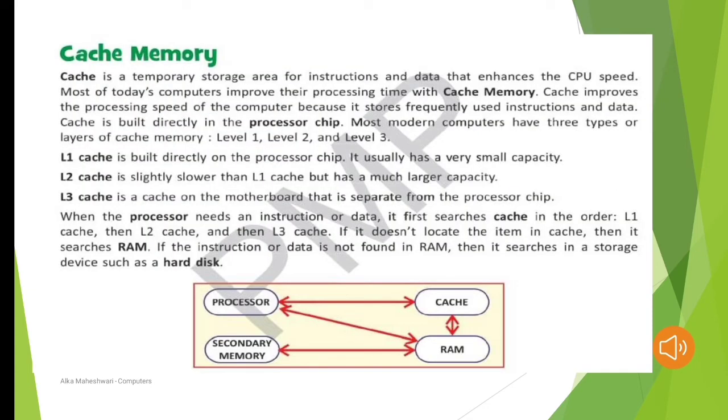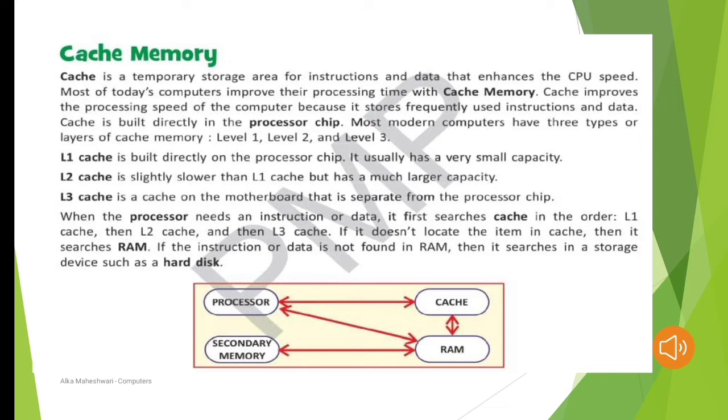Cache memory. Cache memory is a fast RAM system which is used to increase the speed of the CPU. Cache stores frequently used instructions and data, by which the processing speed of the computer becomes fast. Three layers or types of cache memory are L1, L2 and L3.